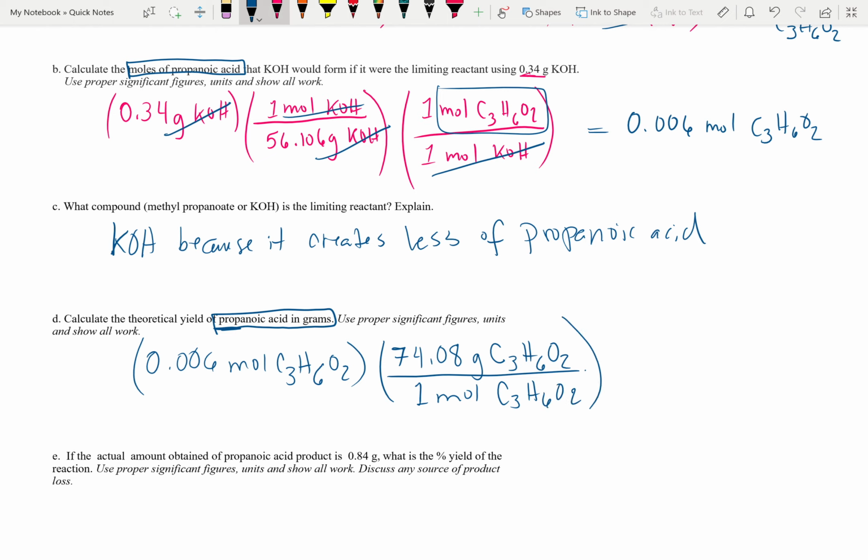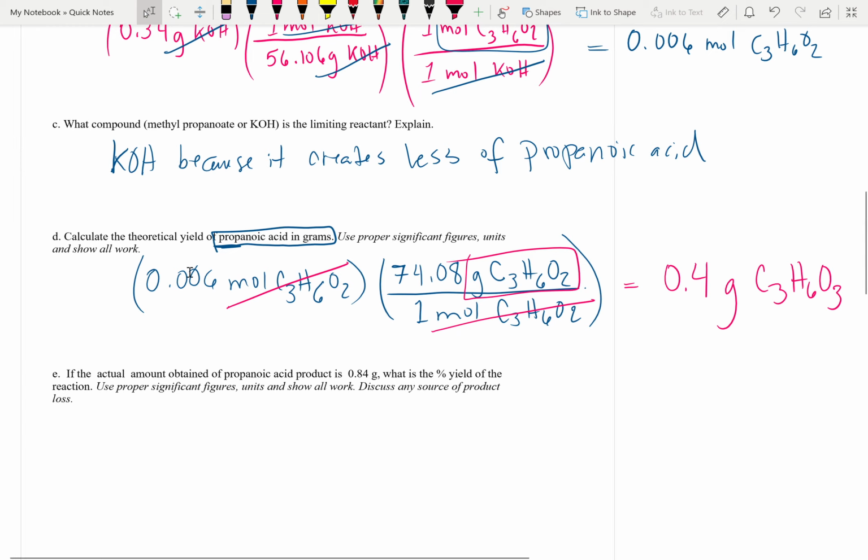As you can see here, the moles cancel out, so we're left with grams of propanoic acid, and the answer is going to be 0.4, in the correct significant figures, grams of C3H6O2.